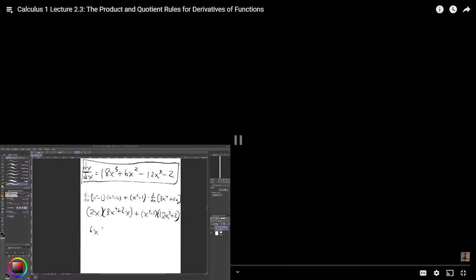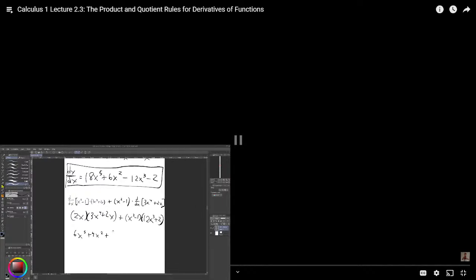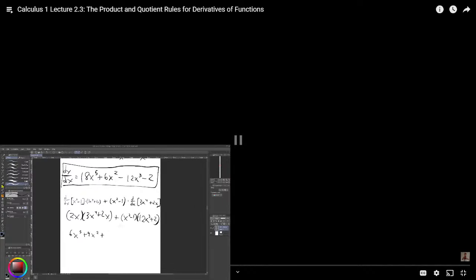That gives 6x to the power of 5 plus 4x squared plus 12x to the power of 5 plus 2x squared minus 12x cubed minus 2.